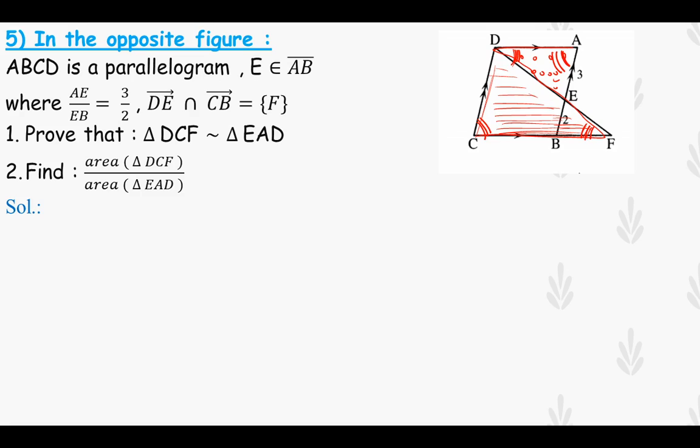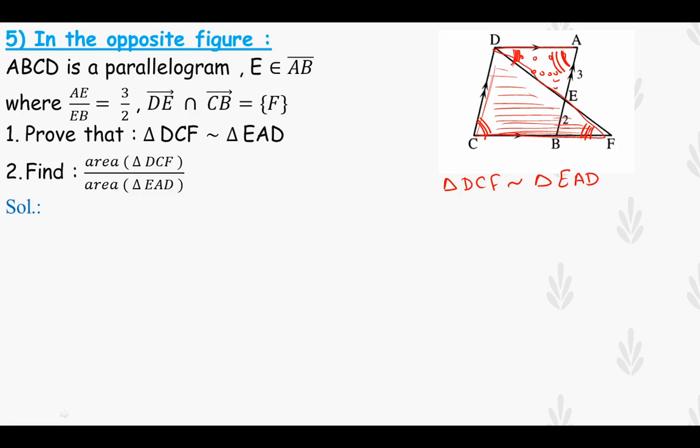So the two triangles are similar, and triangle DCF is similar to triangle EAD.